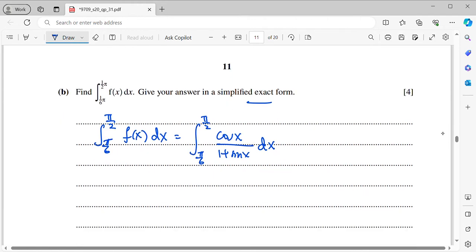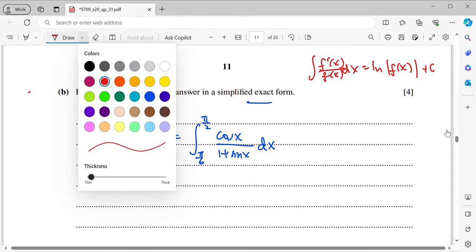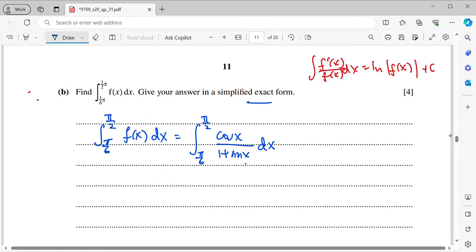This can be solved using ln, because we have a formula: integrate f prime x over f x dx is ln f x plus c. So when we differentiate 1 plus sin x, you are getting cos x directly. That means this is going to be ln of 1 plus sin x.